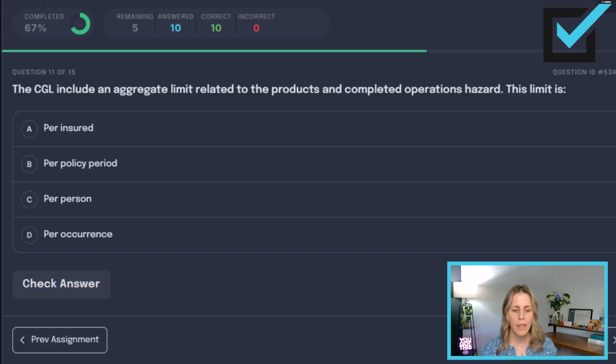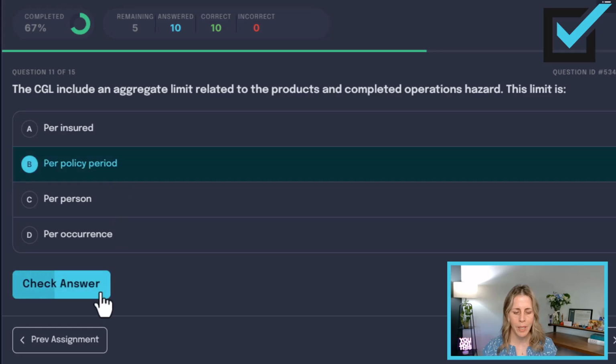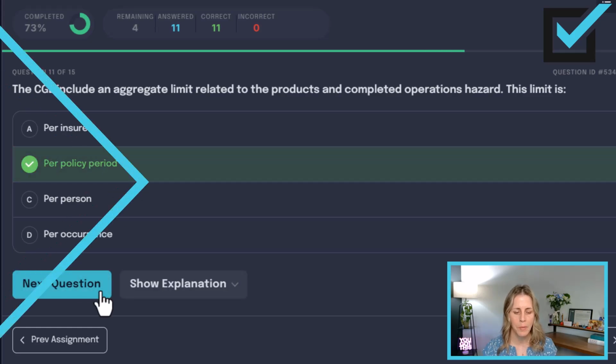The CGL includes an aggregate limit related to the products and completed operations hazard. This limit is per insured, per policy period, per person, per occurrence. This aggregate limit is per policy period.